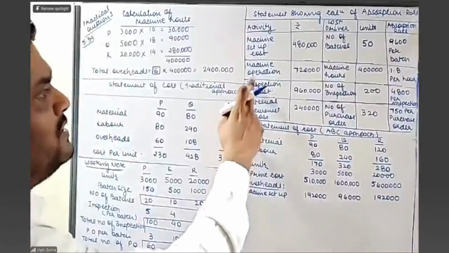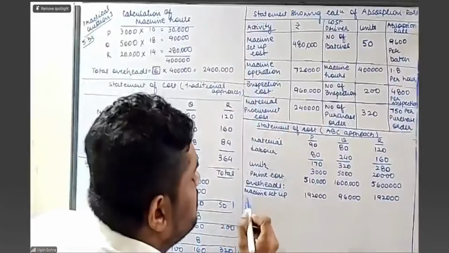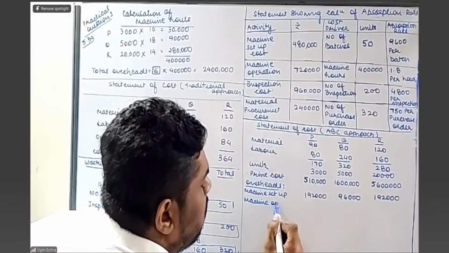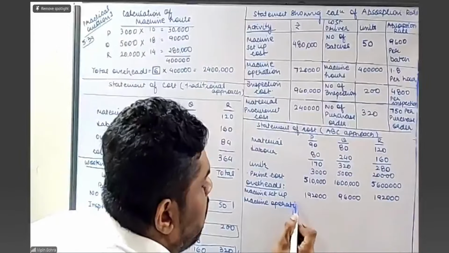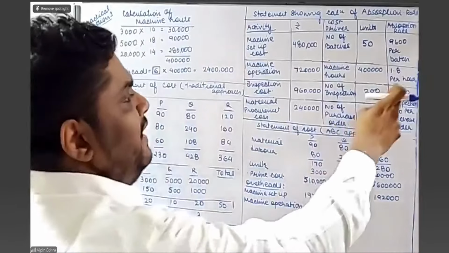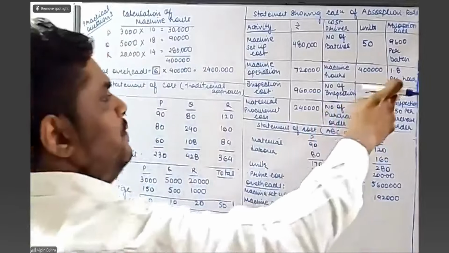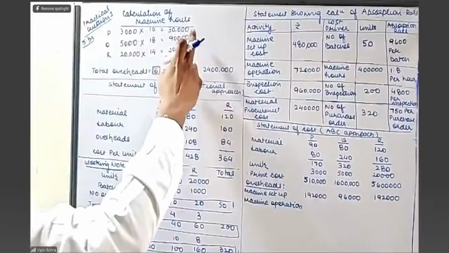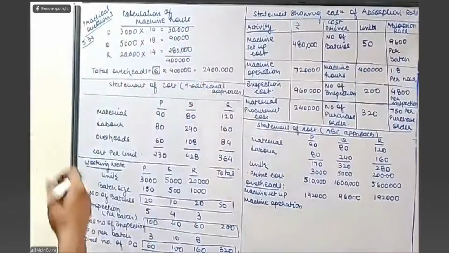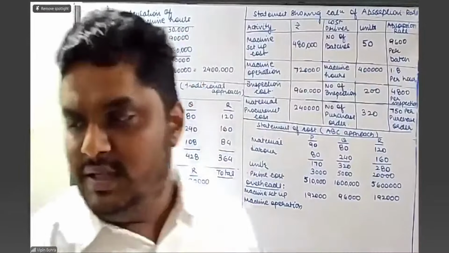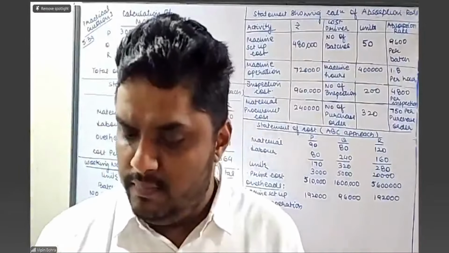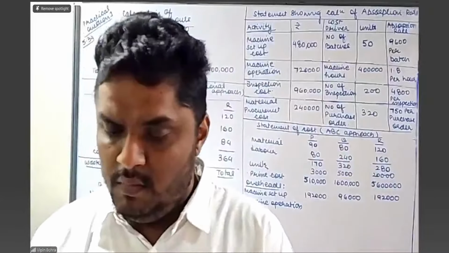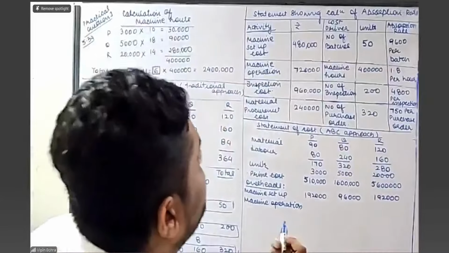The next cost is machine operation cost. It is dependent upon machine hours, so it is 1.8 per hour. And we have the machine hours, that is 30,000, 90,000 and 2,80,000. So 30,000 into 1.8 will be 54,000.